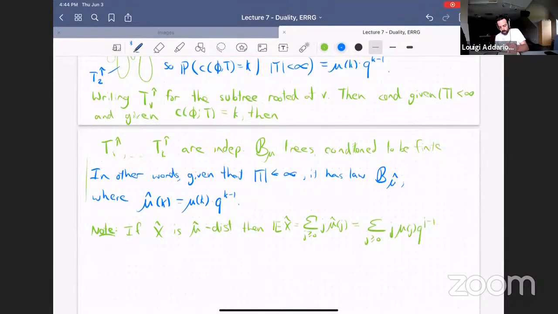But remember that g of s was the sum of mu of x times s to the x, the generating function of the original offspring distribution. So here we just recognize g prime evaluated at q, the extinction probability. And that is indeed less than 1.